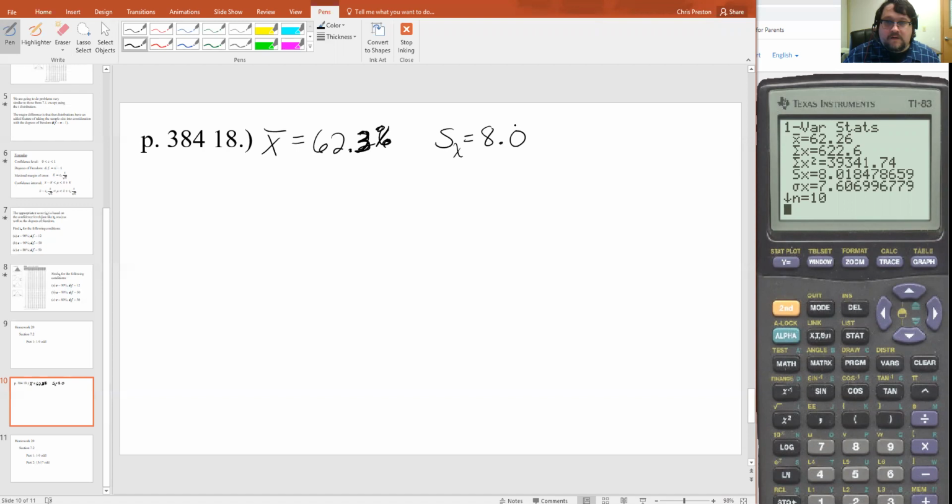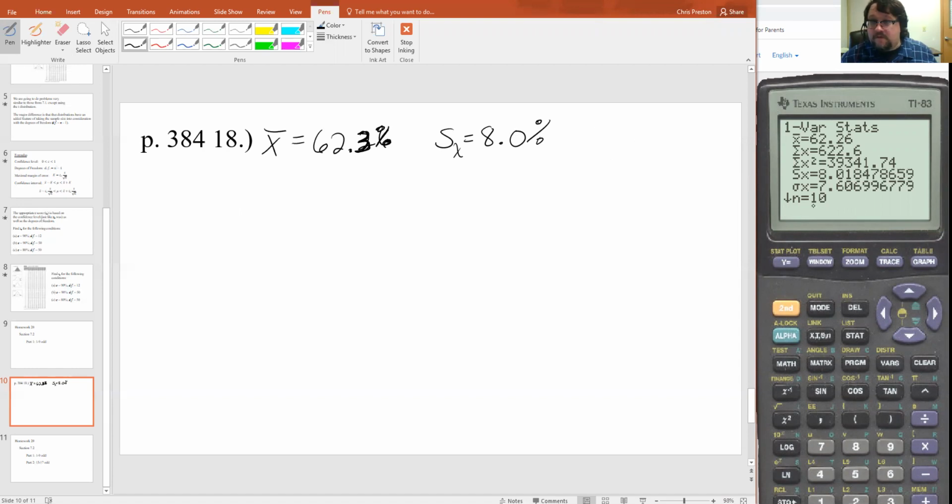So 8.0%. Based on this report, this is talking about the percentage of hospitals that provide at least some charitable care. And so, yes, this does look like it matches.